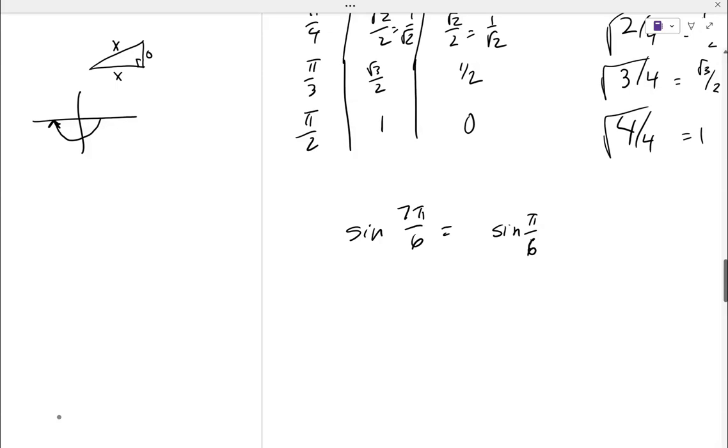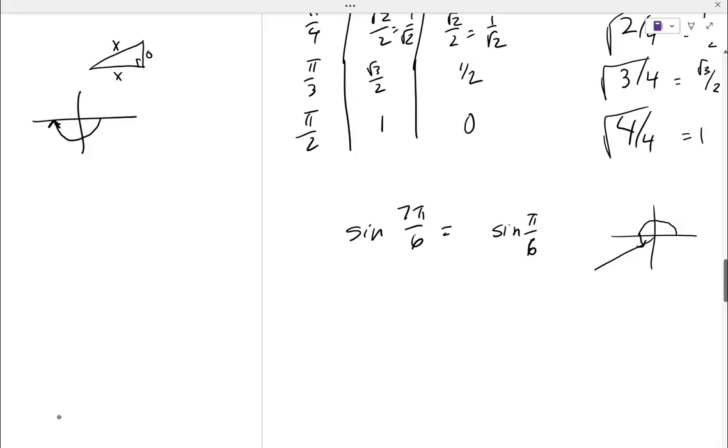So this is either going to be positive sine of pi over 6 or negative sine of pi over 6, right? Our only worry is whether it's positive or negative. If we think about the picture again, all the way to here is pi, which is 6 pi over 6. So we go a little bit further.